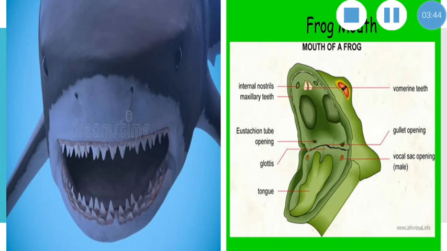The teeth are homodont and polyphyodont. There are no vomerine teeth. The teeth are not used for mastication but help to catch prey and prevent its escape from the mouth.